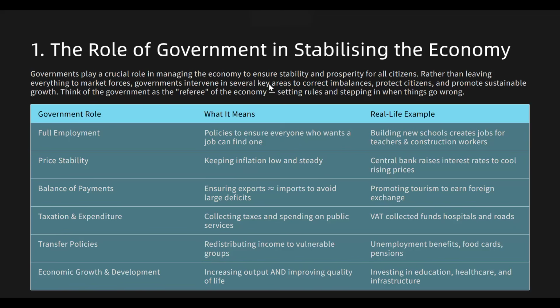The next role, price stability. They have to try to get prices not to increase or decrease too quickly, because that will make things difficult in the economy. It'd be very hard for you to plan your finances and operate if prices are fluctuating all the time. So they will attempt to have price stability. So they will put certain policies in place to help control pricing.